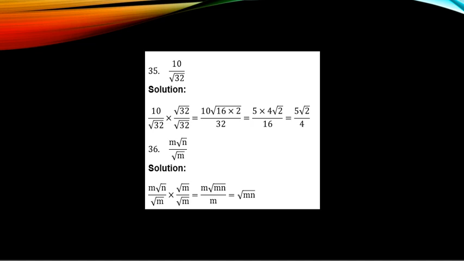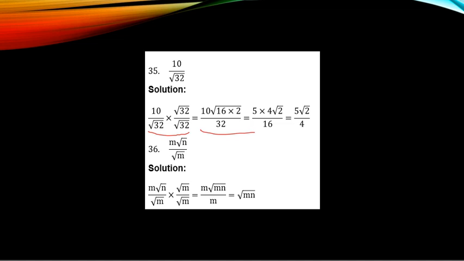To turn root 32 to a rational number, you use it to multiply both numerator and denominator. So 10 times root 32. So you can express 32 as 16 times 2. Then root 32 times root 32 is simply 32. Square root of 16 is 4. So you have 4.